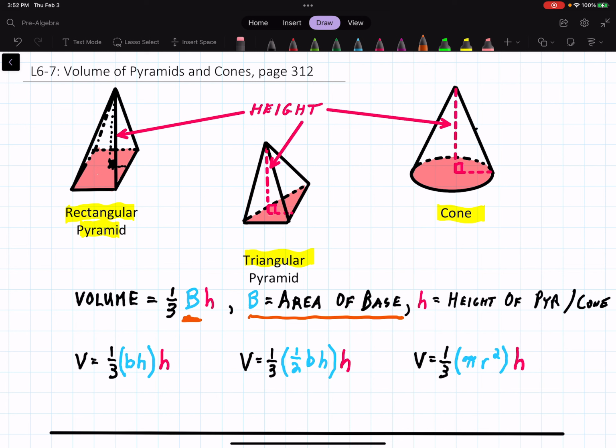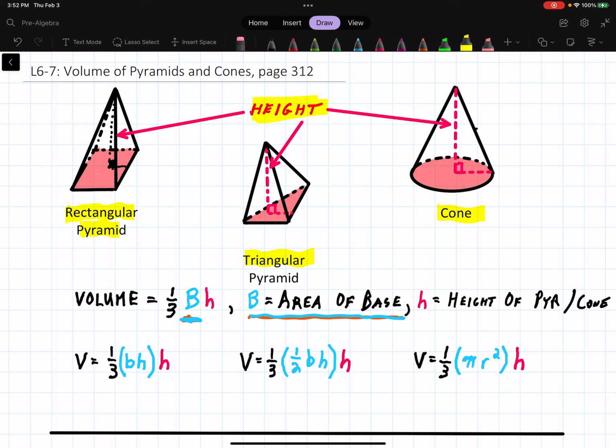So the base of my rectangular pyramid would be the rectangle, like that. The base of the triangular pyramid is this triangle, and the base of the cone is the circle. So when we talk about the blue B value right here, you calculate the area of the base, you multiply it times the height, and you can see right here that I've highlighted the three different heights.